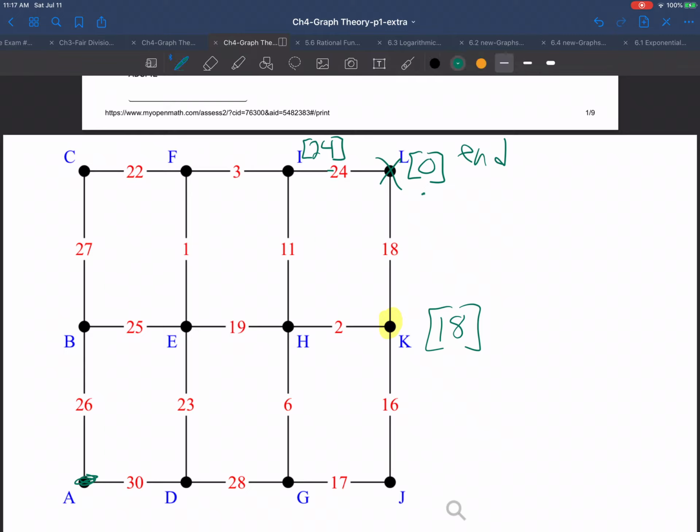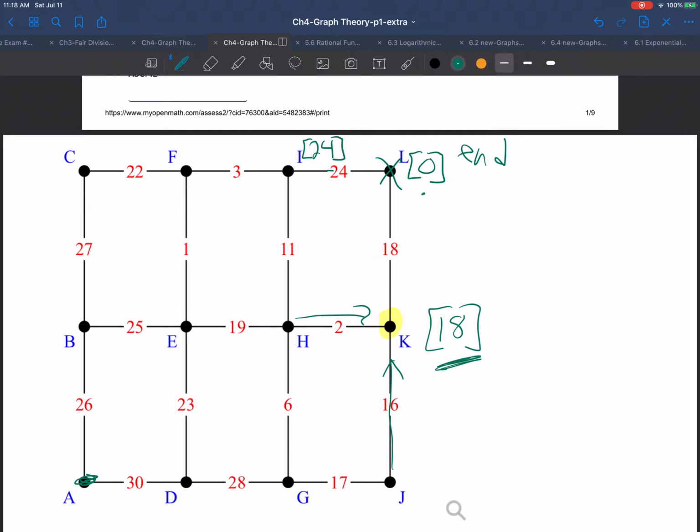And so what do we do now? We look at all roads coming into that point, like this road and this road. And we find out how far they are from the end. Now remember, how far is K from the end? K is 18 from the end, right? Just boom, 18. Takes this 18-minute trip. He's 18 minutes from the destination. K is, that's what that means.